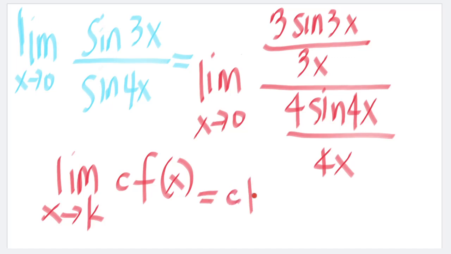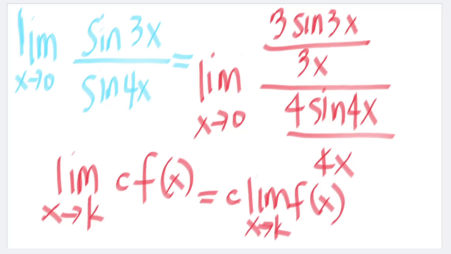So the limit of f of x as x approaches k. The same thing will happen here. We have a constant here, 3 and 4. This is now equal to the limit of what?